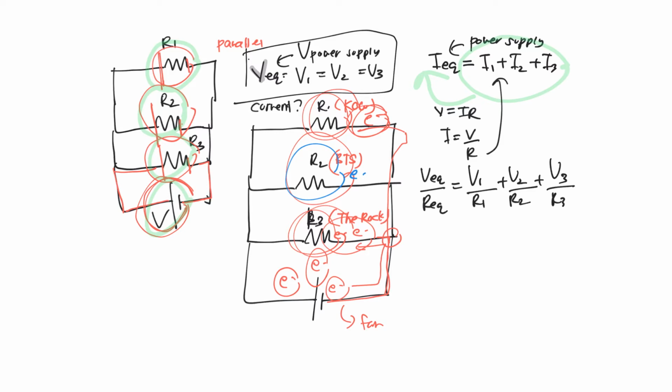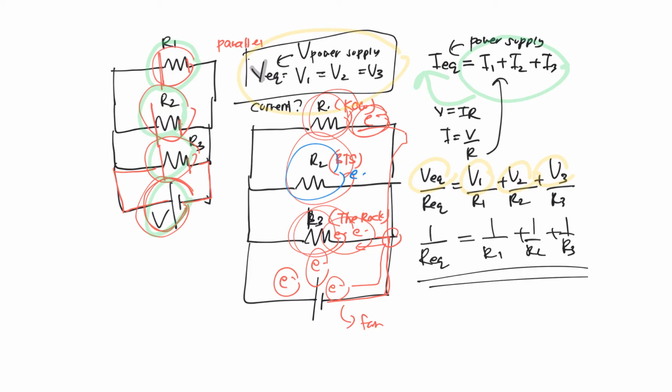Like I mentioned before, your voltage is basically the same, so V equivalent will equal V1, V2 and V3, and that's the reason why you get 1 over R equivalent equals 1 over R1 plus 1 over R2 plus 1 over R3.